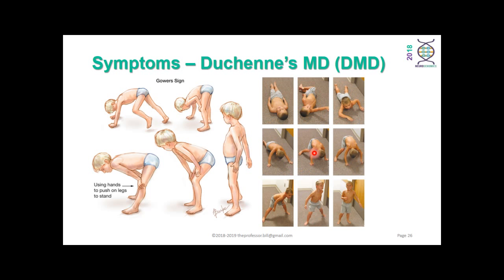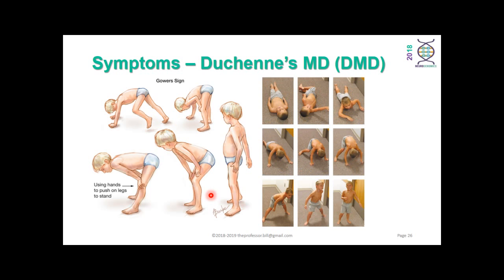Because their upper legs are so weak, they will actually walk themselves up their own body. And this is what Gower's sign is, which is what you are seeing here. They can't really do the things that they were able to do before. A very characteristic clinical sign, because those specific muscle groups that I showed you earlier, they are in decline.